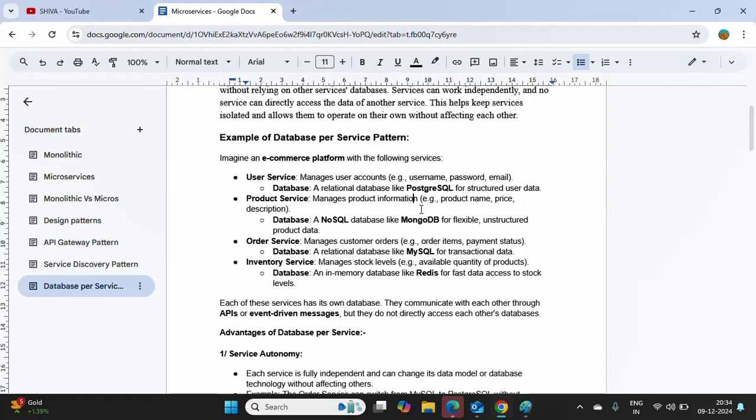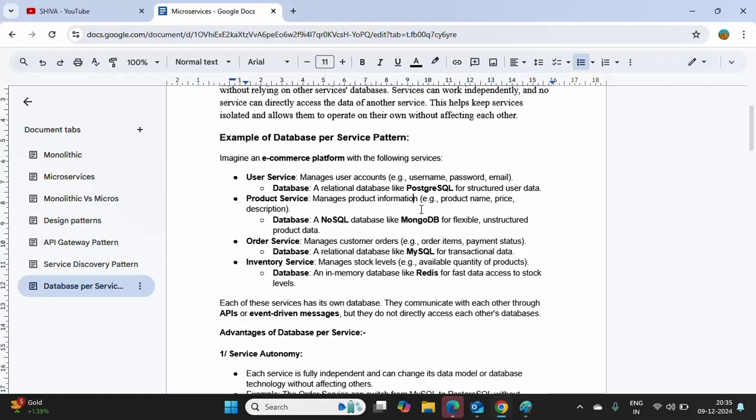Based on our data, if it is the user service, we can simply go with PostgreSQL, because that is a structured database suitable for that. For the product service, based on our data, we can choose whichever type of database is best suited to maintain this kind of information.